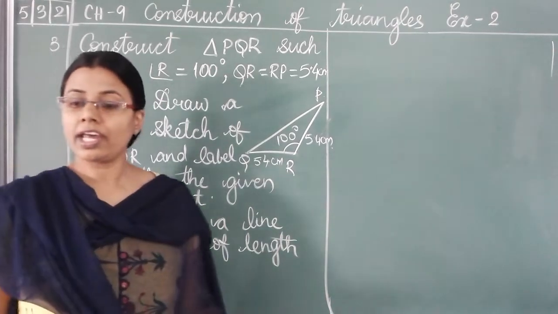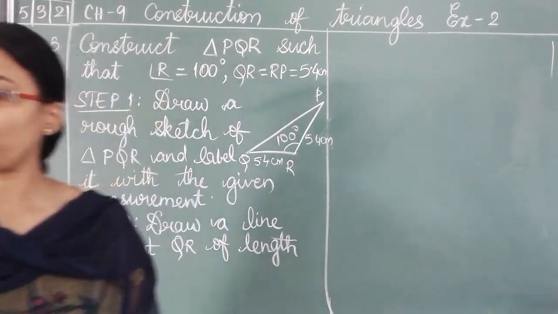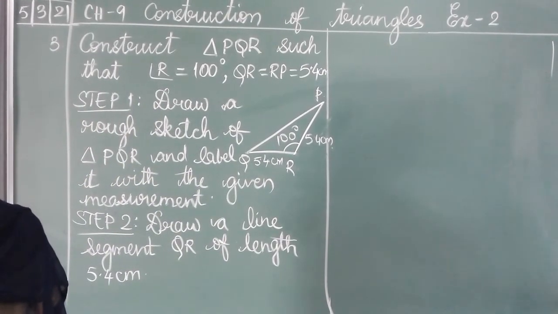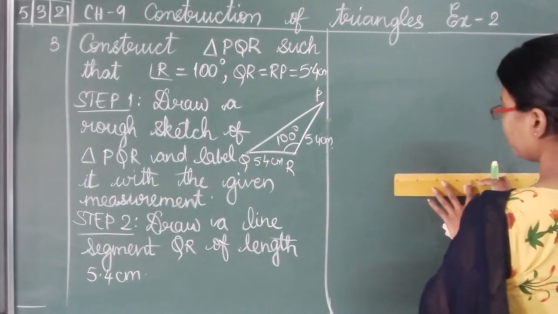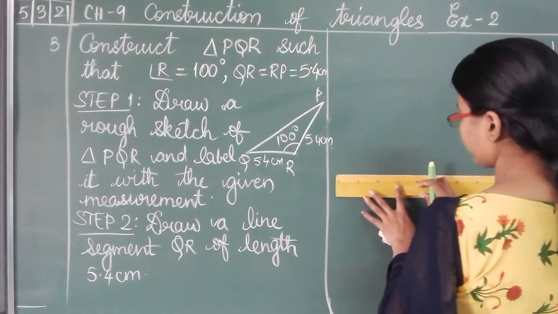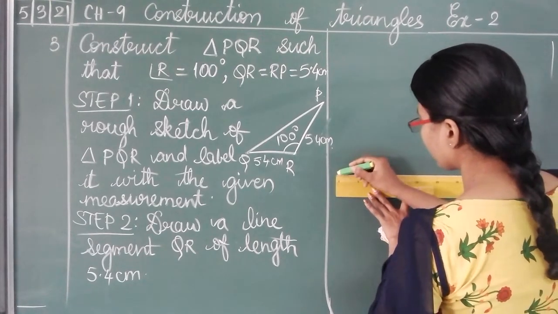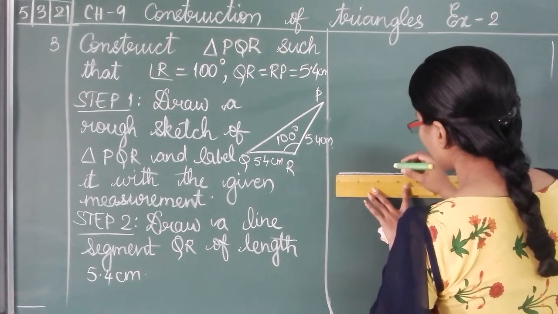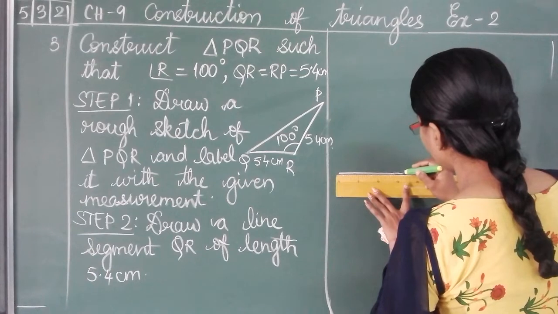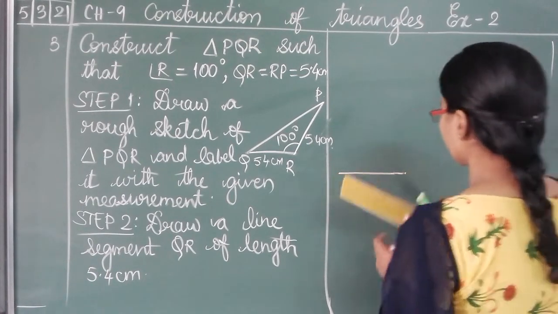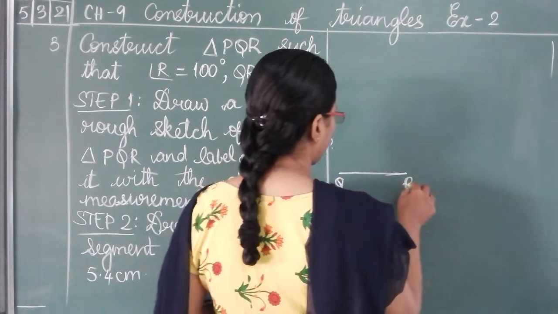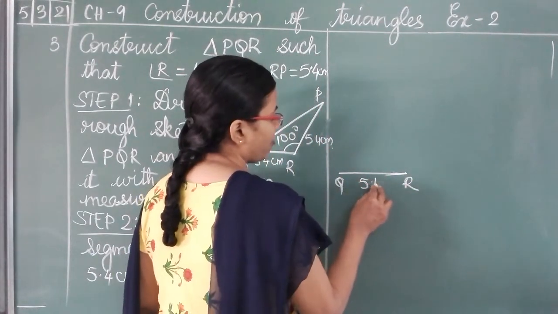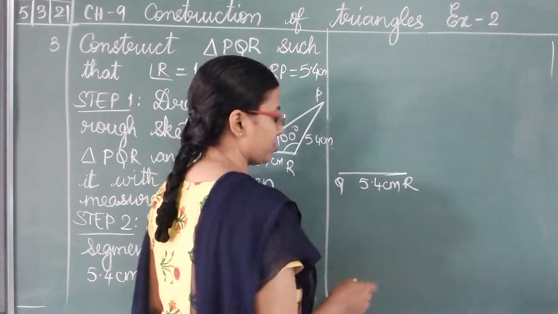Understood this? Now use your scales and draw 5.4 centimeters. So here this is 5.4. This is QR and the length here is 5.4 centimeters.